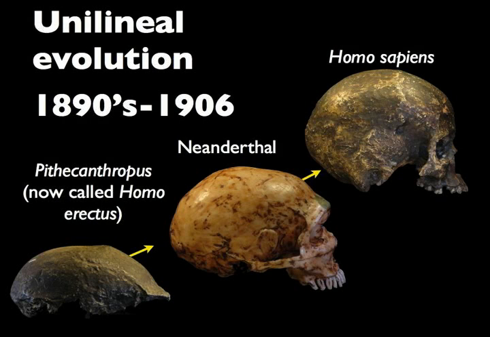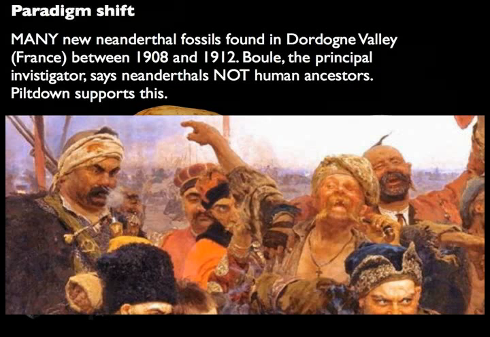And part of the problem was just how close it brought us to the apes. It kind of suggested that it wasn't that long ago that we were pretty ape-like. And a lot of people just couldn't buy this. And a number of major discoveries happened in Europe of Neanderthals. And the principal investigator on that scene does a lot of portrayals of these things and portrays them as extremely brutish, very ape-like, way more non-human than anybody had said so far.